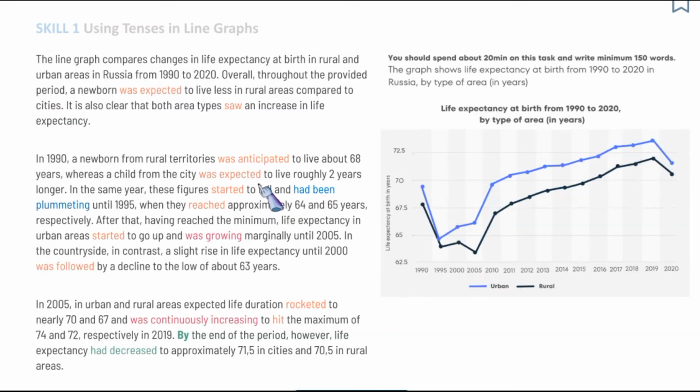Look how I have used this tense in my report. In the same year, these figures started to fall and had been plummeting until 1995. So the meaning is the process of plummeting finished until 1995.